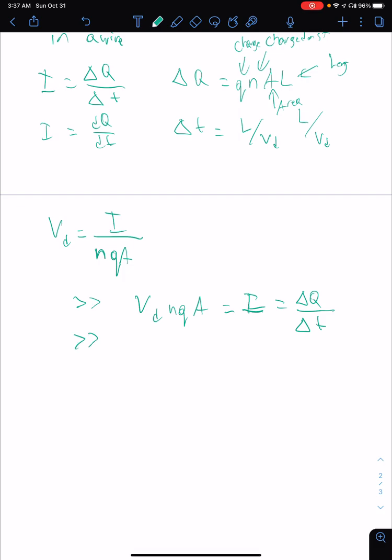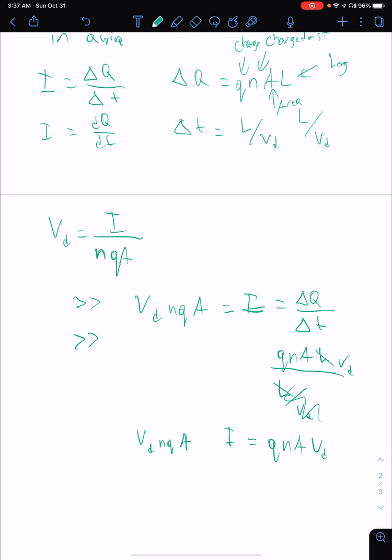So delta Q is QNAL over L divided by VD. VD goes on top because math. The L's cancel, all of this goes away, and now you've got QNAVD. Drift velocity is equal to I, which goes back to our original equation.